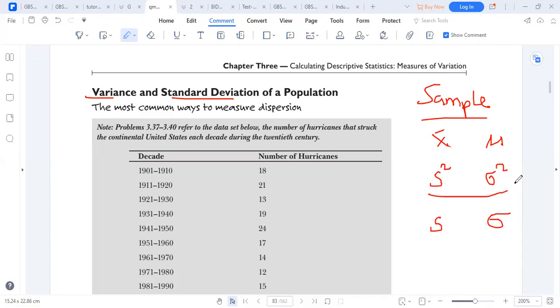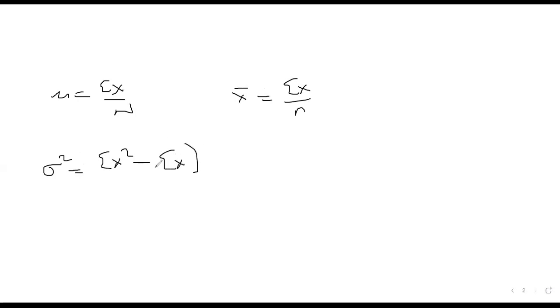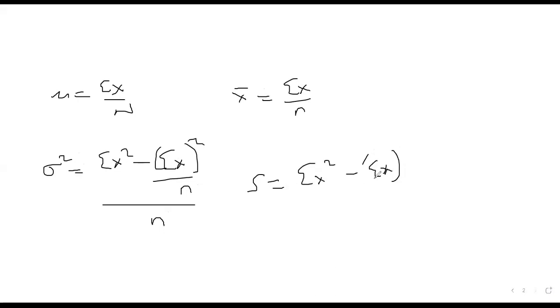The formulas only differ when it comes to this part here. When you're dealing with the mean for a population, it is summation of X over N. For a sample, same formula, summation of X over N. For variance in a population, summation of X squared over N, everything over N. For a sample, summation of X squared over N, everything divided by N minus 1.